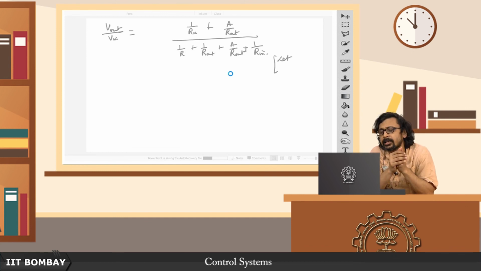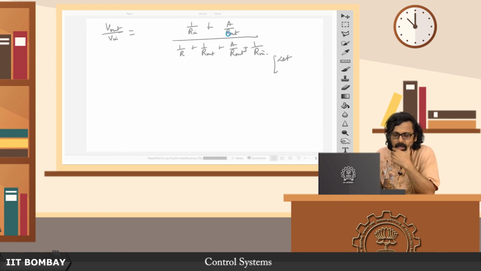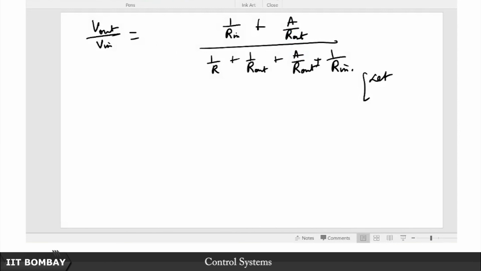The other idealization is R out equal to 0. So you let A be finite, R in also be finite, but let R out go to 0. Of course, in the way I have written this expression here, you cannot let R out tend to 0. So you have to rewrite this. All the terms that go to infinity in the ideal case, I am pulling into the denominator.